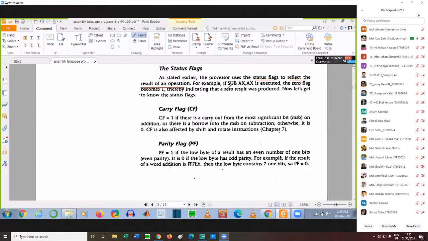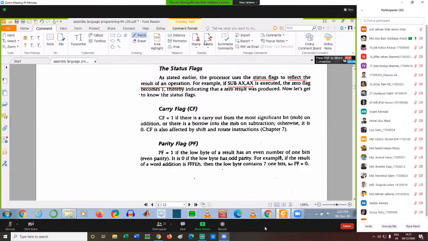So if sub x comma x is executed, when you execute sub x comma x, what value will be stored in the destination? If you execute sub x comma x, what value will be stored in the destination? 0, exactly. Because you are subtracting the content of x from x, 0 will be stored definitely.